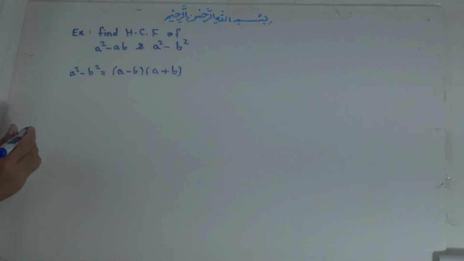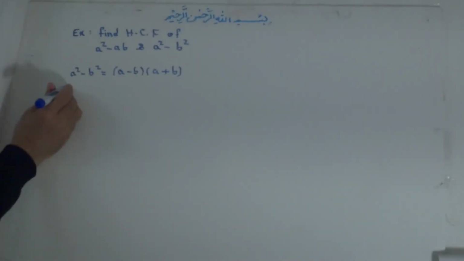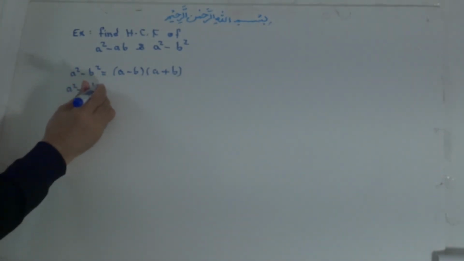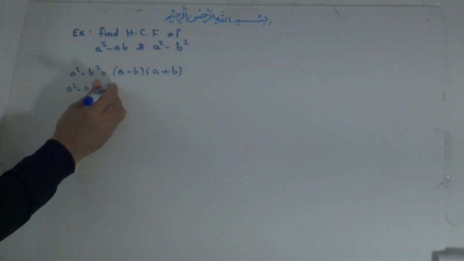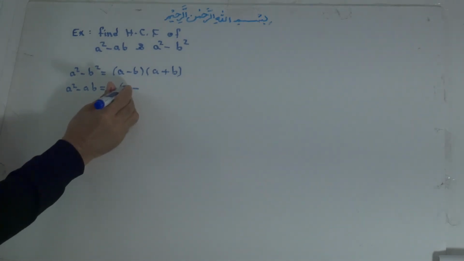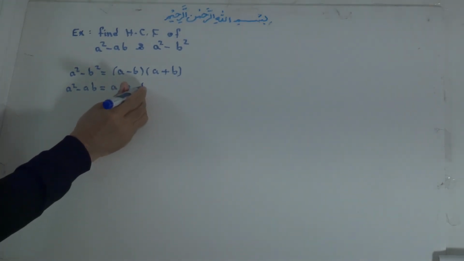And also a to the power of 2 minus ab. Between these two terms, a is common. Now what is remaining? a minus b.